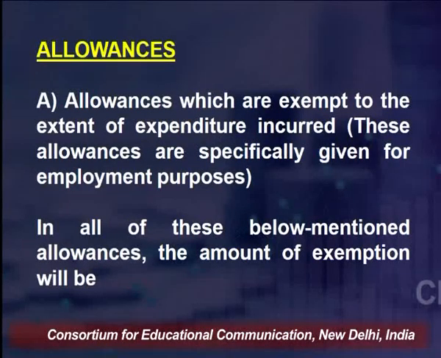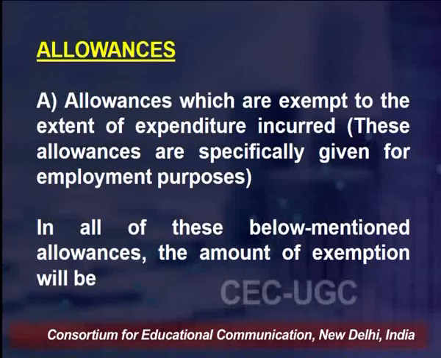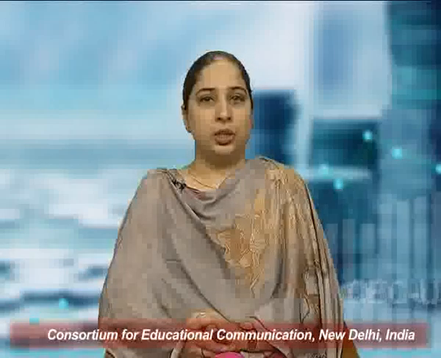The second component in your income under the head salaries is your allowances. Allowances are categorized into different segments, and these are paid in cash only. There's a difference between allowances and perquisites. Allowances are always paid in cash, whereas perquisites are paid in cash and in kind also.